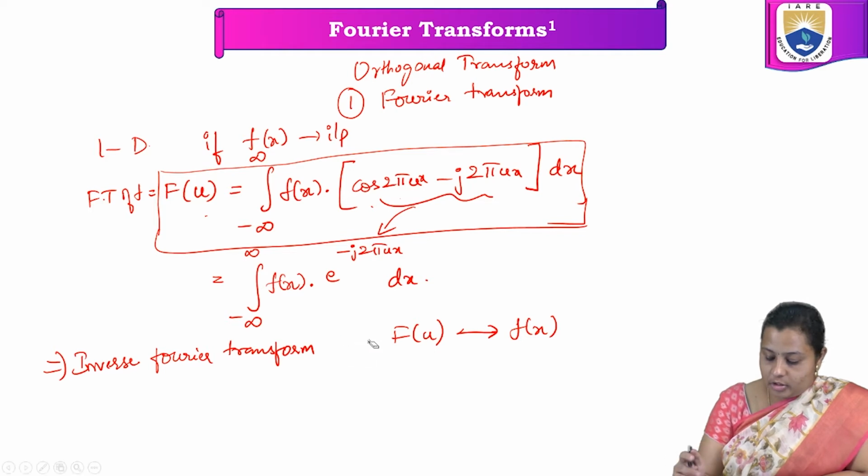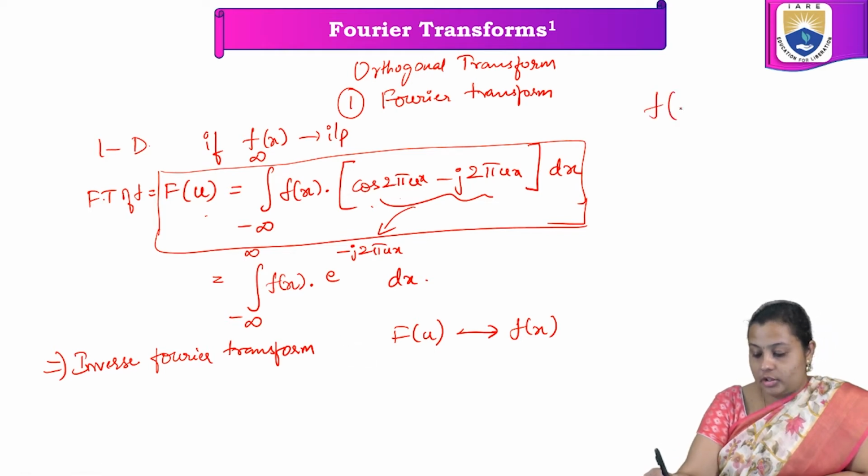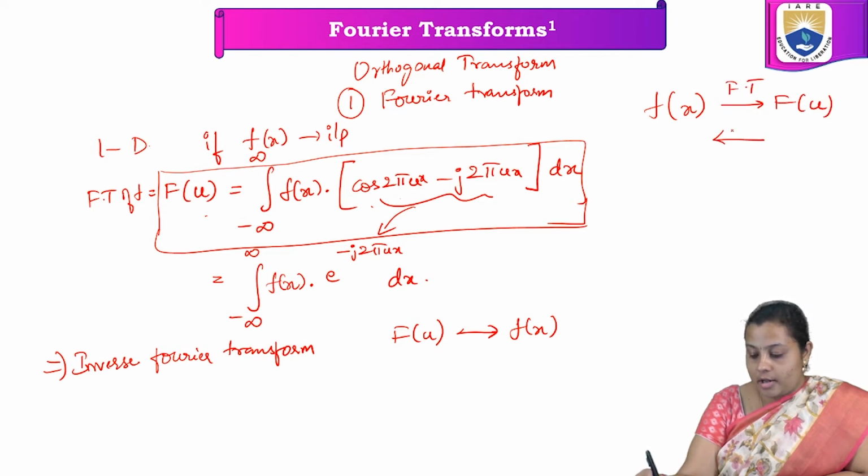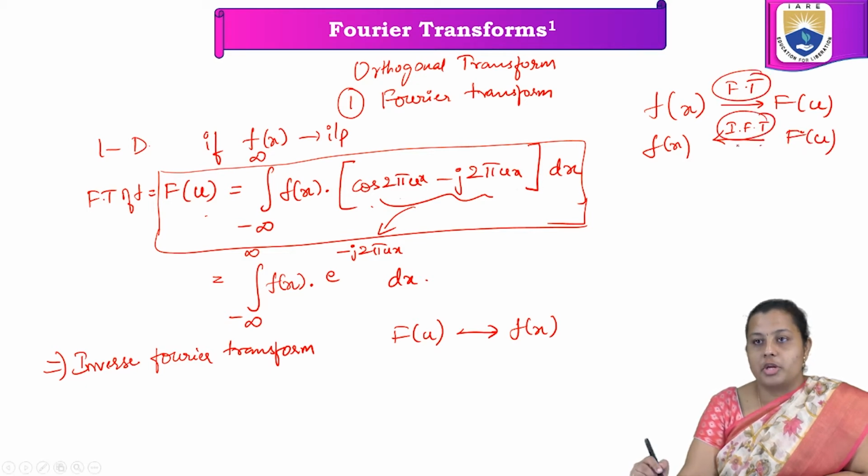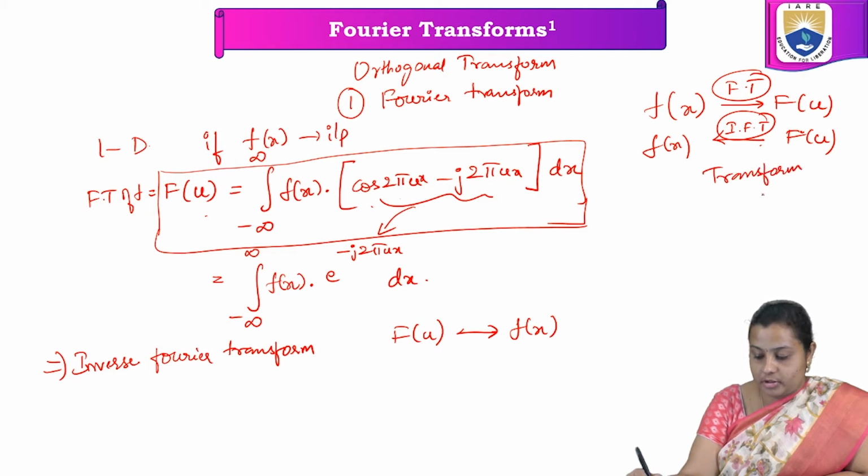I have gone from f of x to F of u by using the Fourier transform, then I am doing the inverse Fourier transform on F of u to get back my f of x. The Fourier transform and inverse Fourier transform equations are called the transform pair.